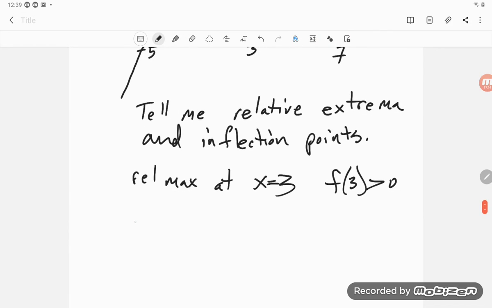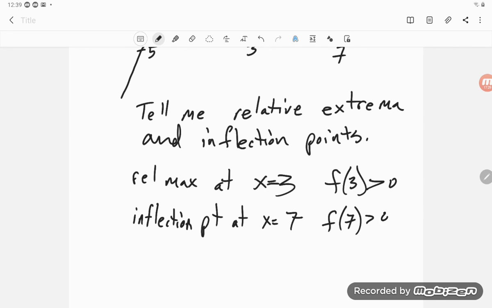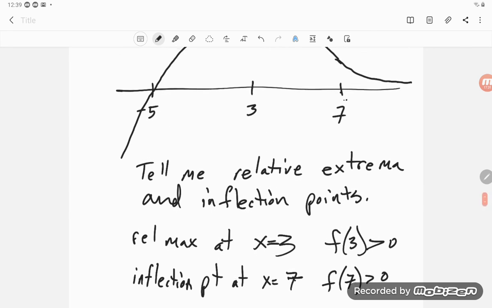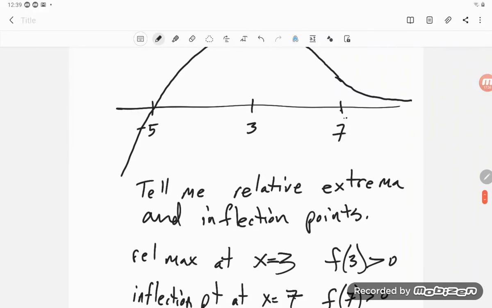And then I could tell you an inflection point at x equals 7. And again, I do know f of 7 is greater than 0, but that's all I know. I don't know what its value is. Okay?